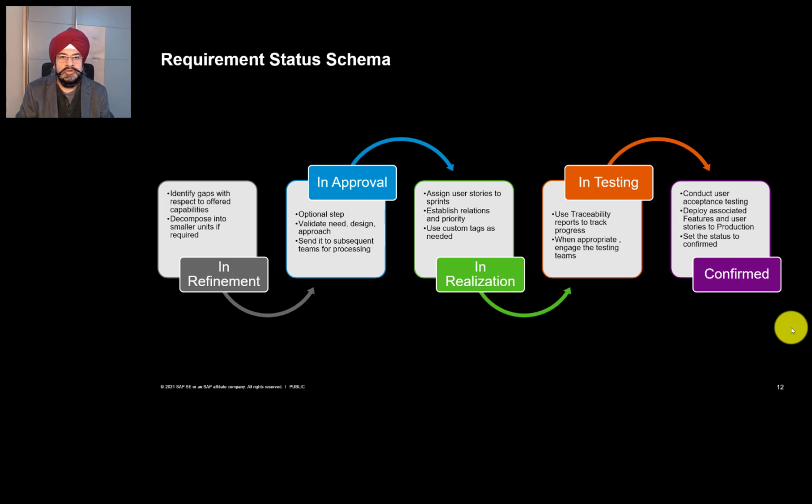If you have a scenario such as pre-approved requirements, you really don't need this status. You can directly switch to processing of a requirement, which is basically the realization stage. And in realization, then you begin actual work on the requirements, such as you break down a requirement into smaller units called project tasks and user stories.